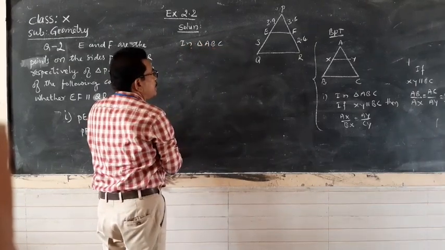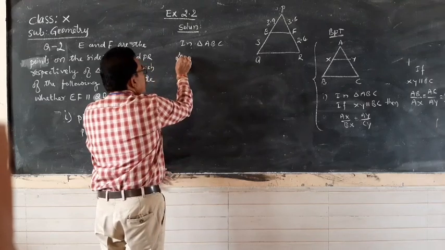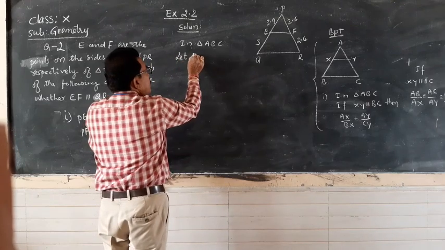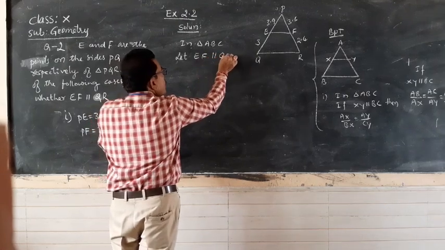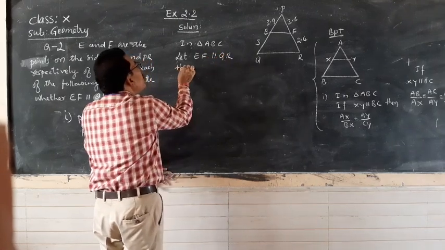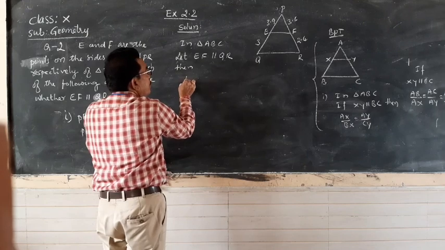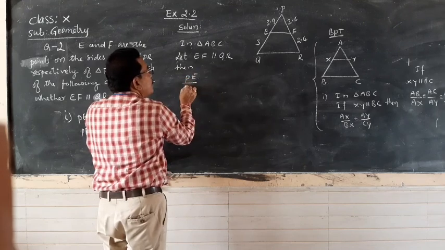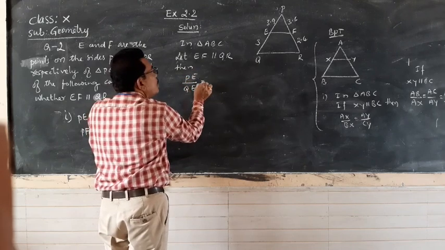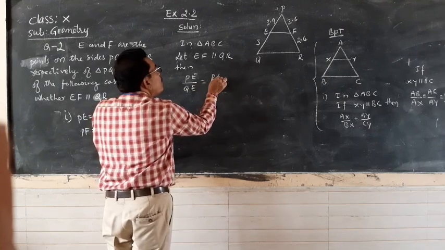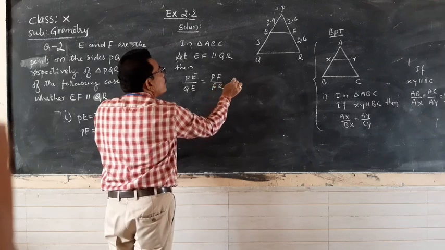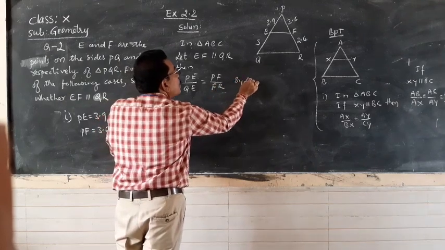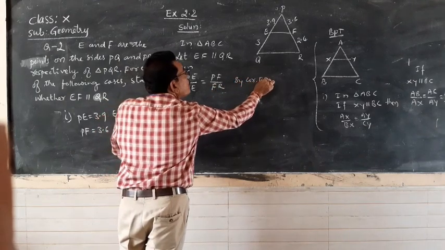Now let us consider triangle PQR. Let EF be parallel to QR, then PE by QE equals PF by FR by corollary of BPT.